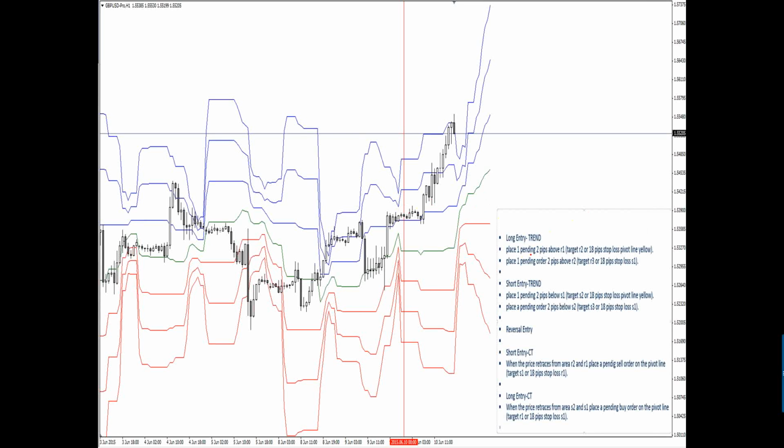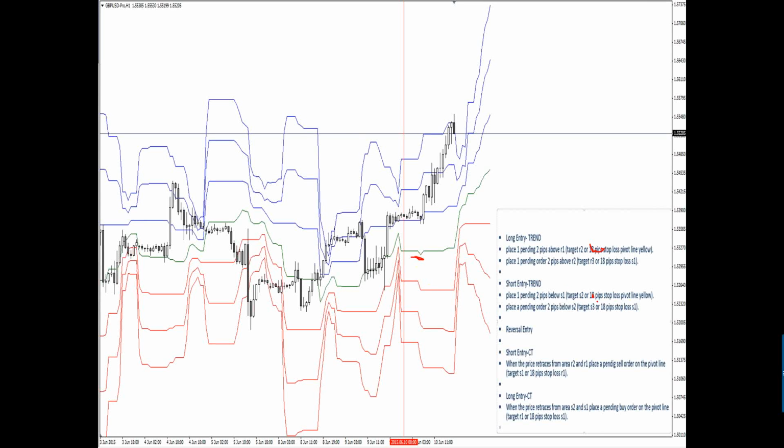So you can place pending order with 2 pips above resistance 1, targeting resistance 2, or 80 pips, stop loss just around pivot line. In this example, it was a little bit different, but you just need to put your stop loss below pivot line.